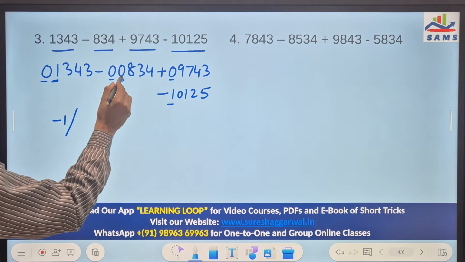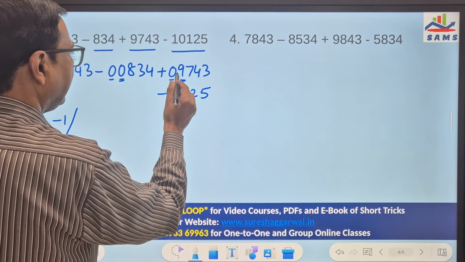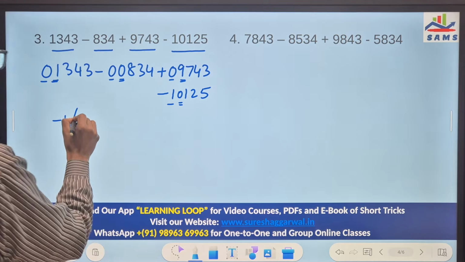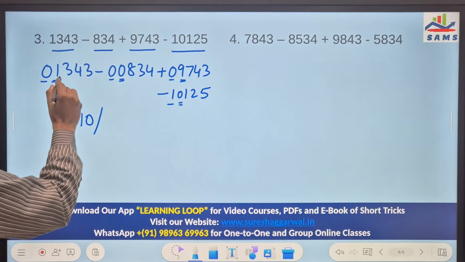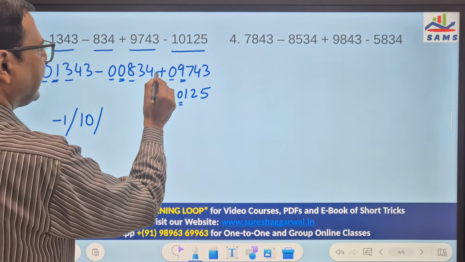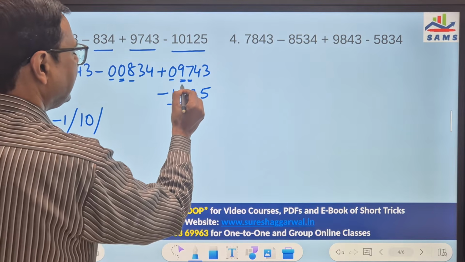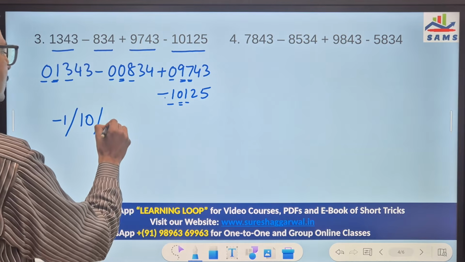So 1 minus 0 is 1. 1 plus 9 is 10, and 10 minus 0 is 10 itself. So likewise we have the third digit. So you can try 3 minus 8 is minus 5. Minus 5 plus 7 is 2. 2 minus 1 is 1.